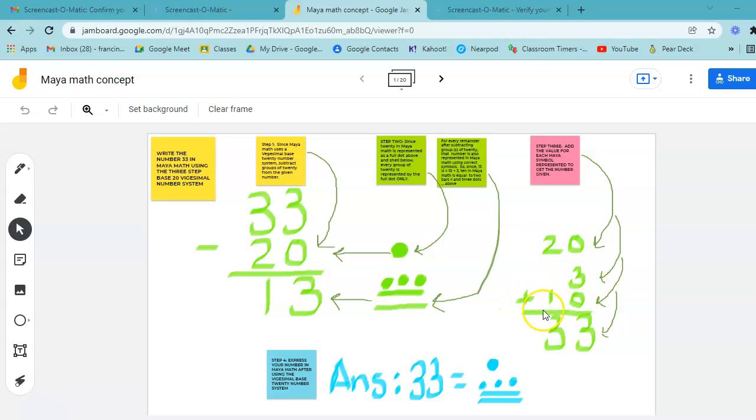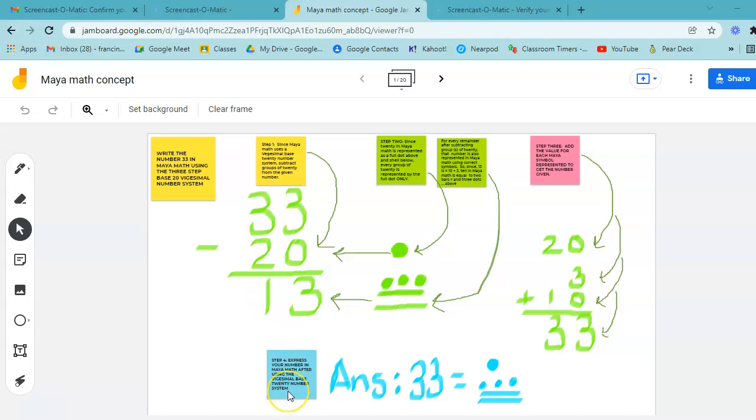Let's add to find the sum. 20 plus 3 plus 10 is equal to 33. It is important that the number that you get here, your answer or your sum, is equivalent to the number that you're given in the first place.